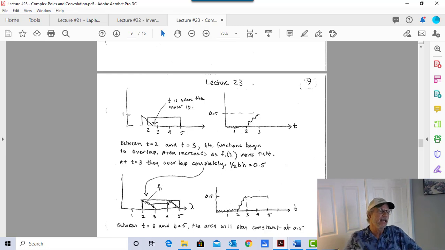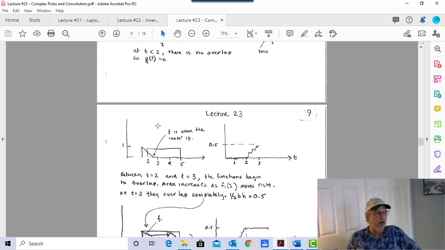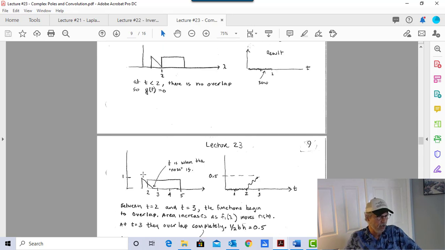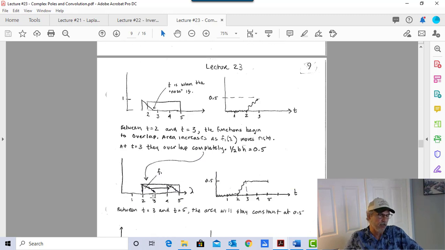But when I hit t equals 3, or in other words, the nose of my triangle hits 3, now my triangle is completely inside the other function. So at t equals 3, I end up here.